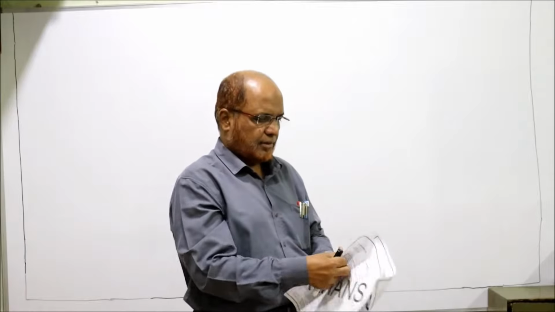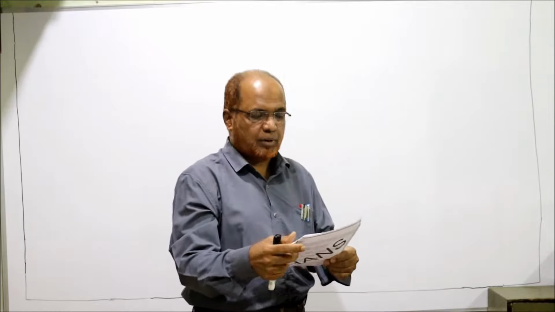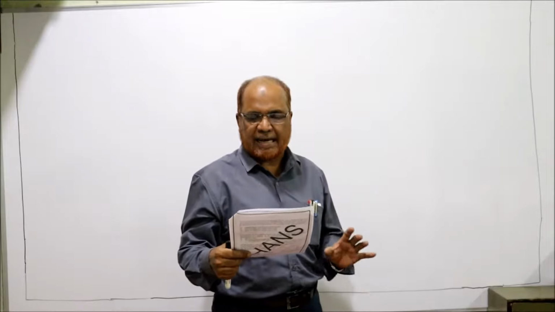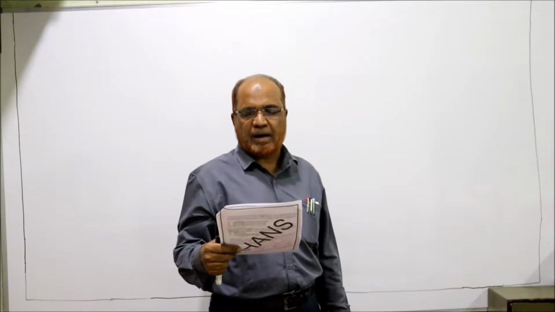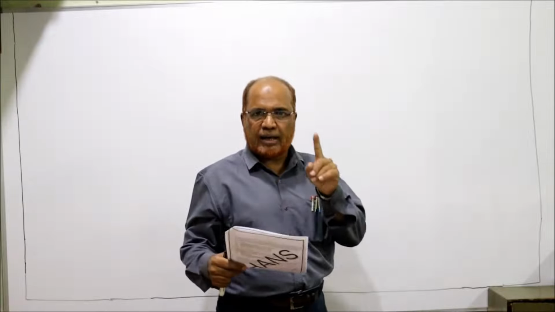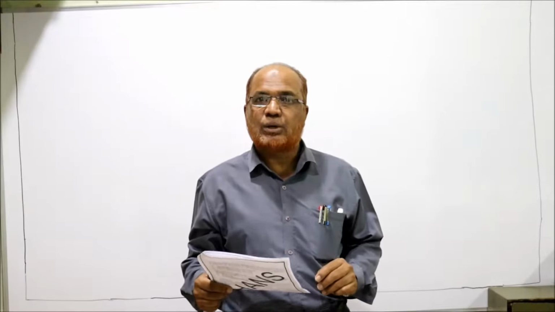Problem number 6. Sixth problem, see carefully. It's a lengthy problem and important problem. The capital of XYZ Toys Corporation consists of an ordinary share capital of rupees 10 lakh, shares of rupees 100 par value. 10 lakh rupees is the total share capital and the face value of one share is 100 rupees. So how many shares will there be? 10 lakh divided by 100, you will get 10,000.